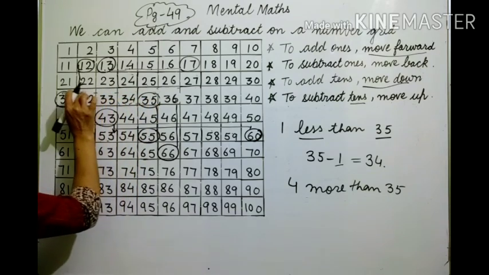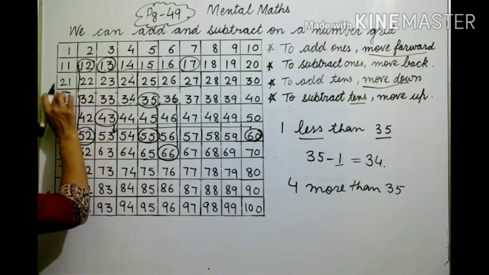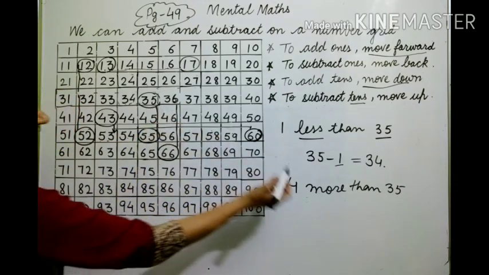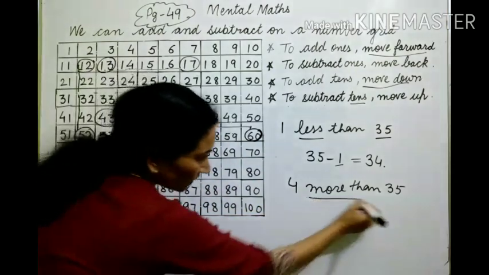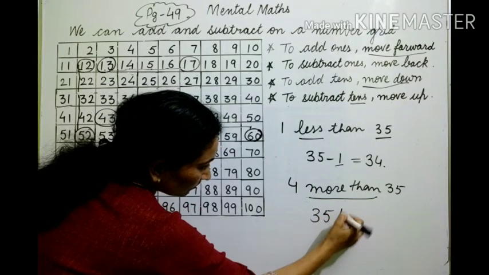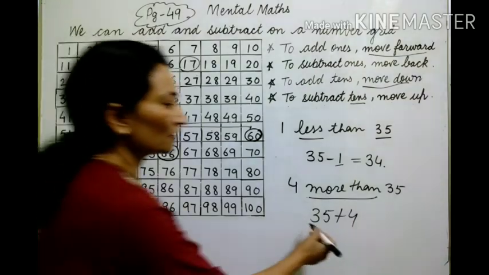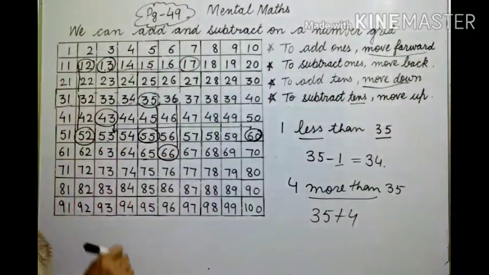To find our required answer, we see where is 35. More than means we will add 4. 4 more than 35 means 35 plus 4. What will be the answer?